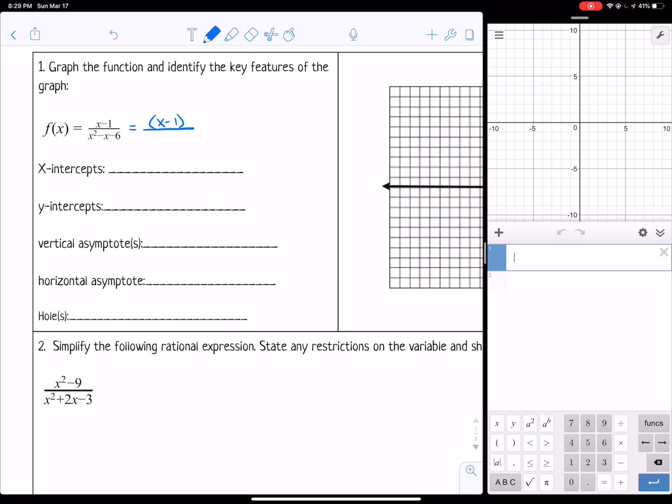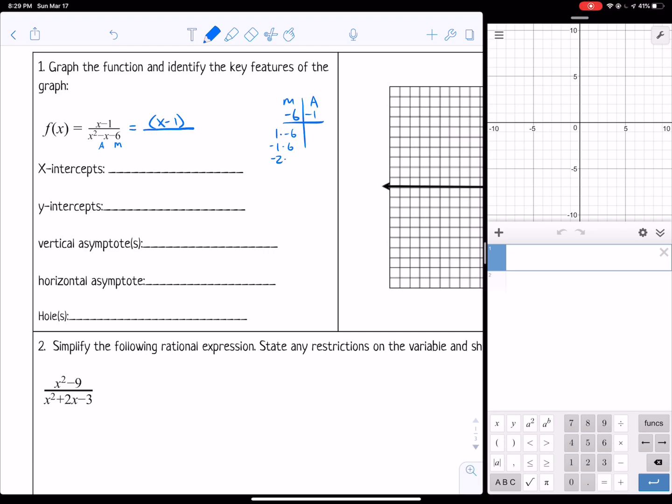The denominator has x squared minus x minus 6. So we need to try to figure out what will multiply to be negative 6 and add up to negative 1, the middle number. So 1 times negative 6 and negative 1 times 6 are possibilities, but they don't add up to negative 1.